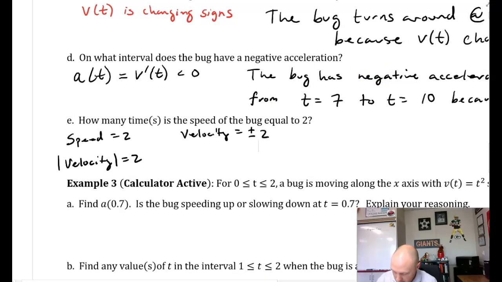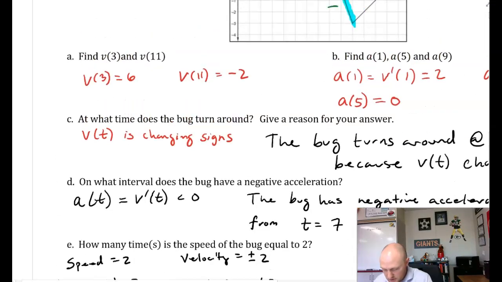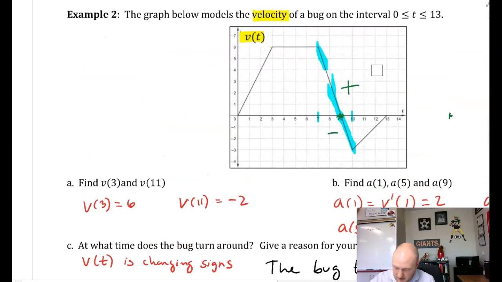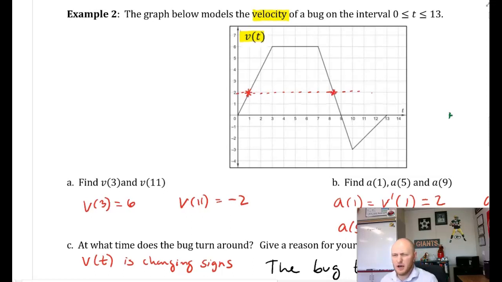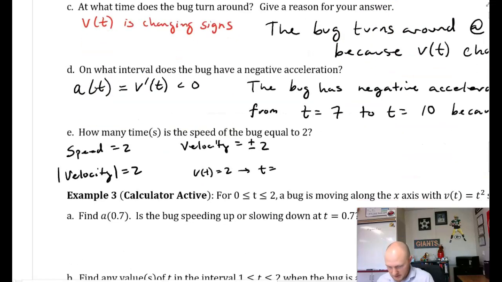Well, we can go ahead and say, okay, so v of t is equal to 2. That happens at t is equal to. Okay, so I'm just going to look at my graph and say, okay, when is my velocity equal to 2? So here's velocity. Okay, and that's going to occur at 1, and then right here, and I'm going to say about 8.3. So t is equal to 1, comma, t is equal to 8.3.